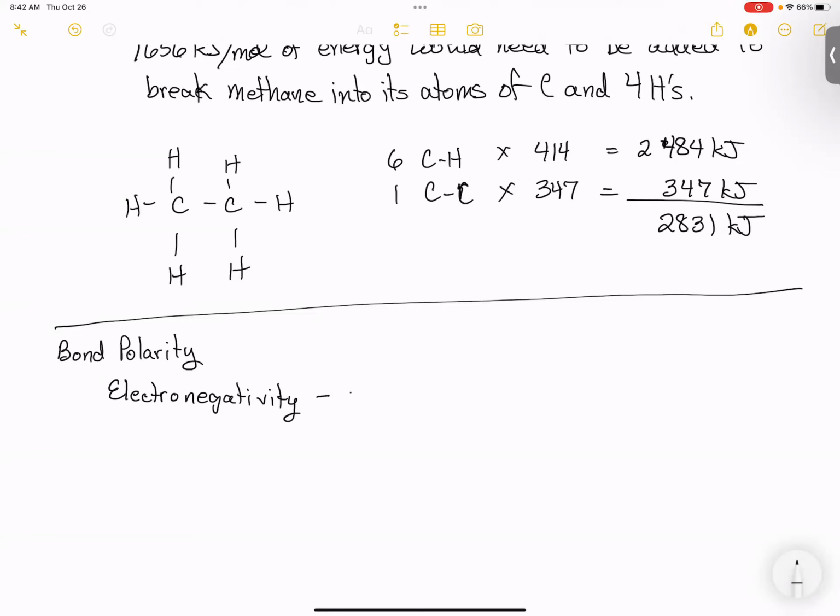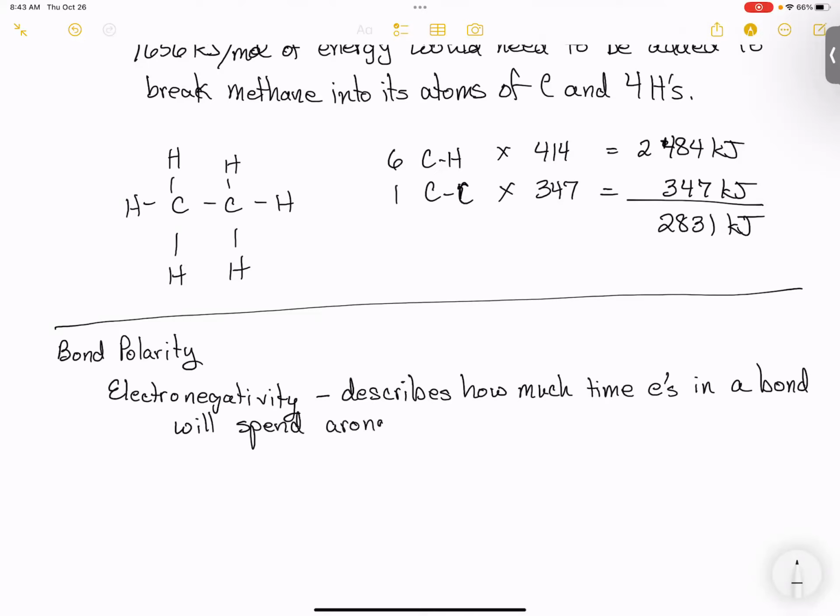Electronegativity simply describes how much time electrons in a bond will spend around an atom in that bond.